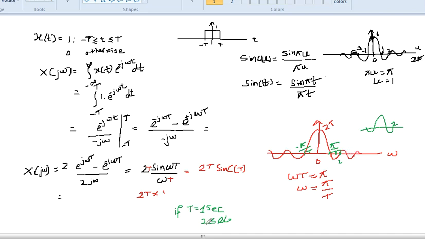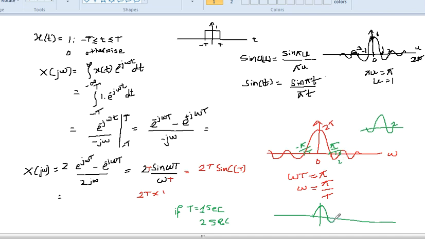If T is equal to 2, then the graph would be in this fashion. Certainly this will be the magnitude. The first minima happens at pi by 2, and the second one will be at pi.